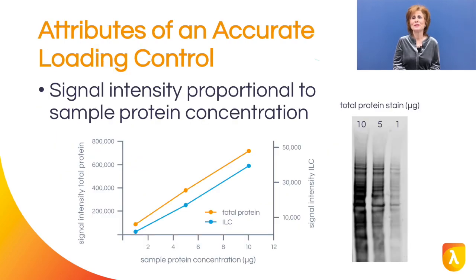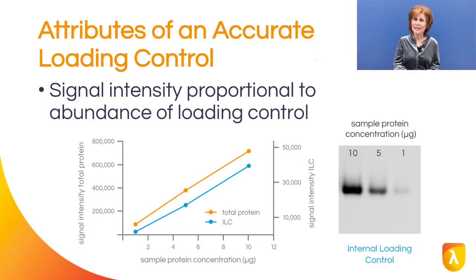The core principle also tells us 2 important attributes of an accurate, effective internal loading control. First, the signal intensity of that loading control must be proportional to the sample protein concentration, and secondly, it must be proportional to the abundance of the loading control.